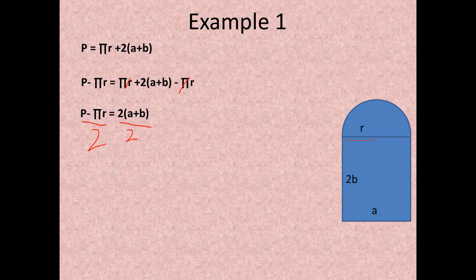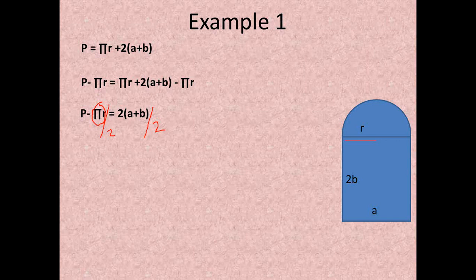What you need to remember here is that there were certain mistakes done earlier. Sometimes when you divide 2 times a plus b by 2, you also divide 2 here. This means that you are only dividing pi r by 2.